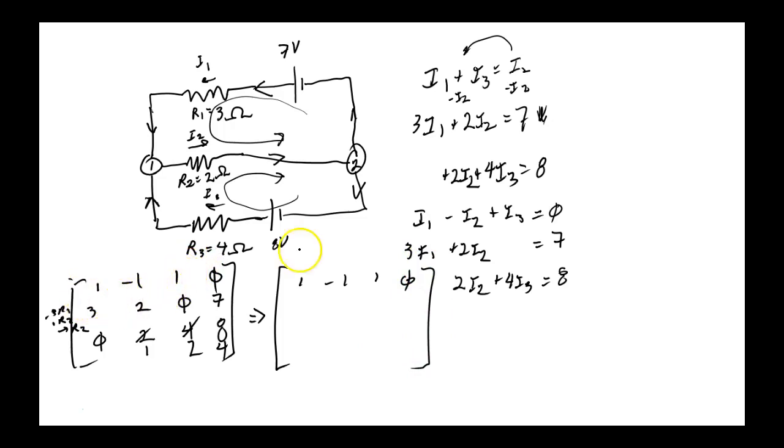What's our new row 2 then? 0, 5, negative 3.